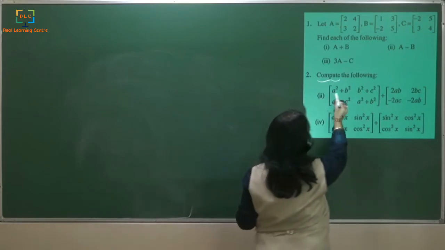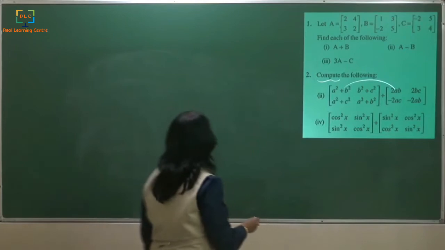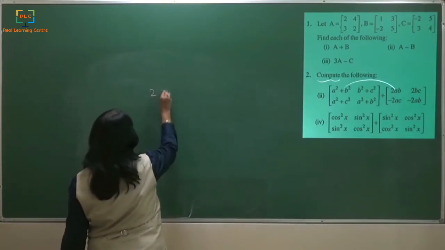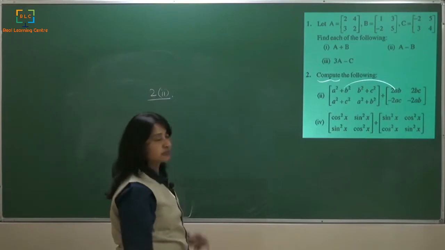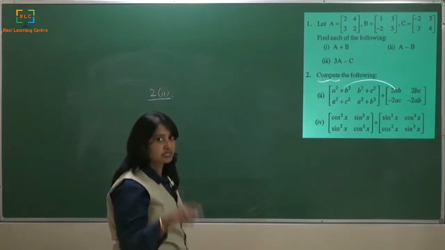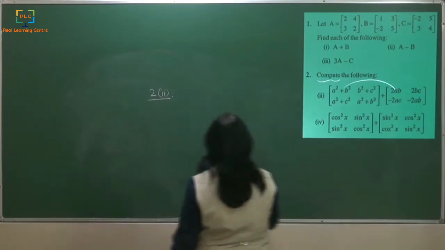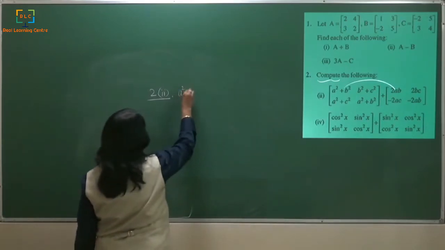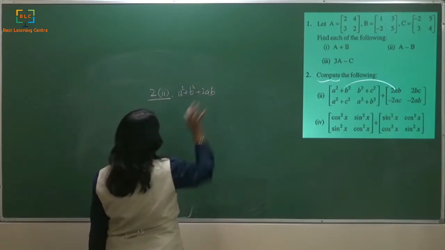So you have a square plus b square plus 2ab. What does that give you? I am doing it directly. I shall not write the question. This is the second sub question, of course, from the textbook. The first sub question I have left as homework for you. You have a square plus b square plus 2ab. I don't want to write, but still I'll write, because I'm not writing the matrix also. Plus 2ab, I have added already.